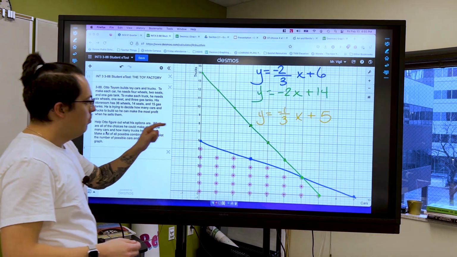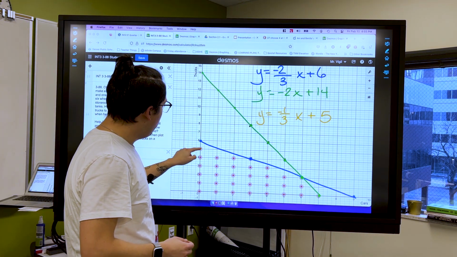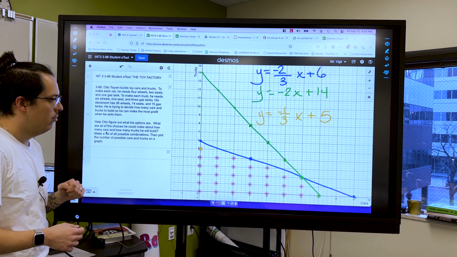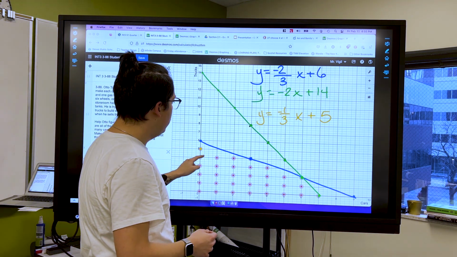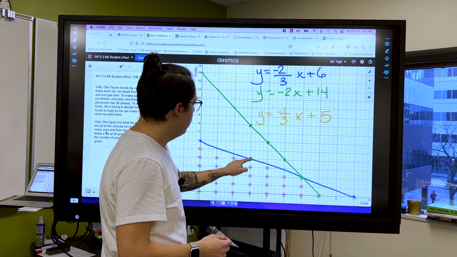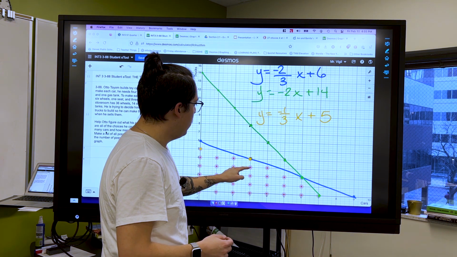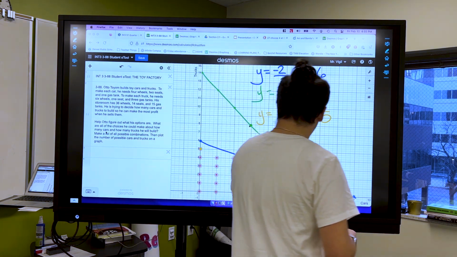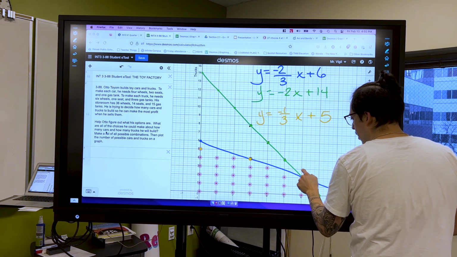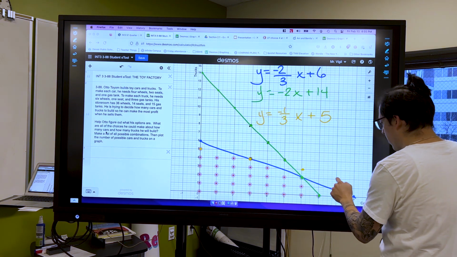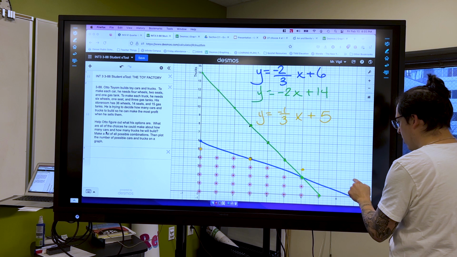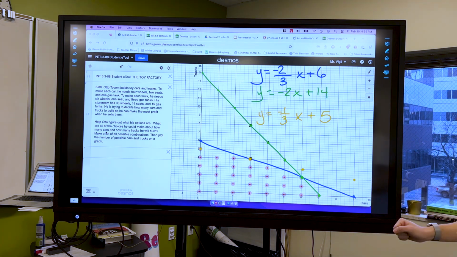So let's start. Here's my y-intercept, and I'll go down 1 to the right 3. Down 1 to the right 3. Down 1 to the right 3. And I've run out of space.